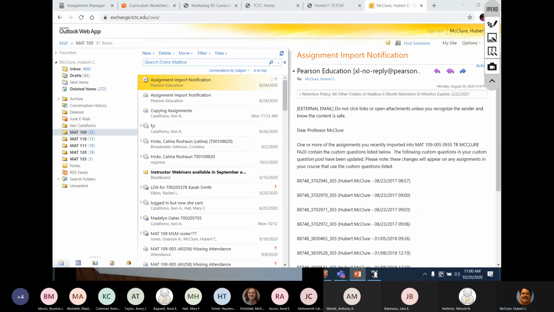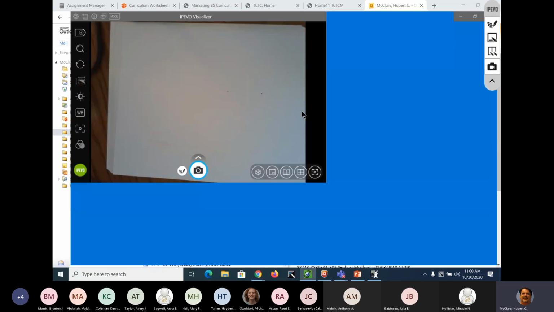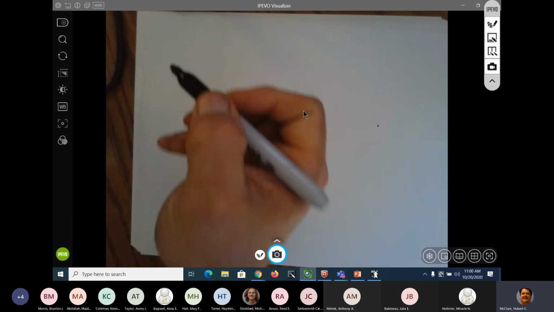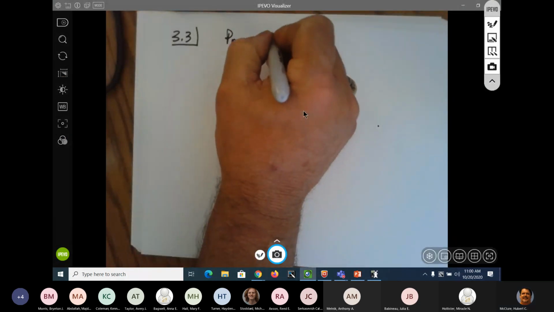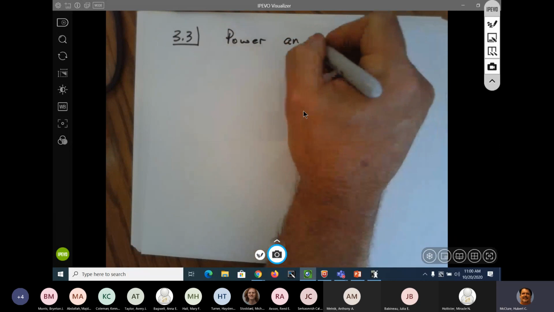Okay. Now, 3.3 is on power and root functions. So let me get my handy dandy page here. 3.3 is power and root functions.